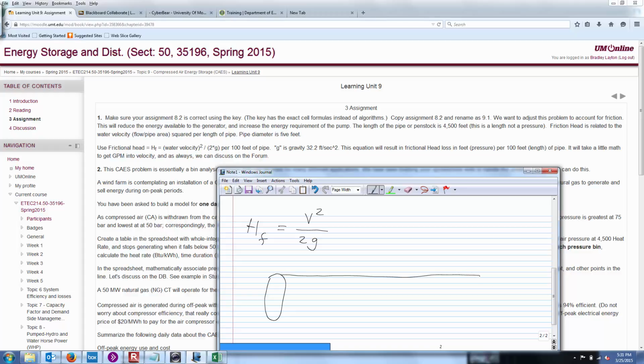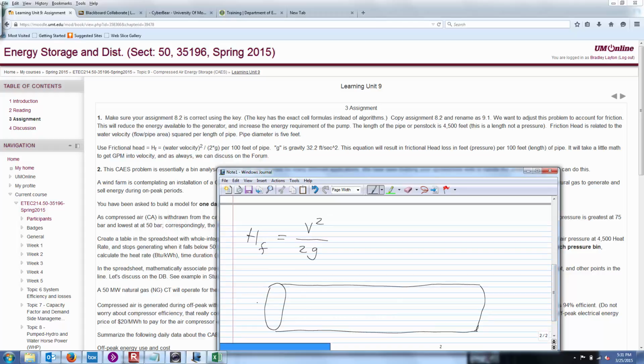Again, most of these things come back to your through variable times your across variable. So what you've got in the pipe is velocity. It's actually going to be the average velocity through the pipe, because you're going to have a little velocity at the edges and a bigger velocity in the middle, but overall we can just call it V bar, the average velocity, and that's really what we're dealing with here.